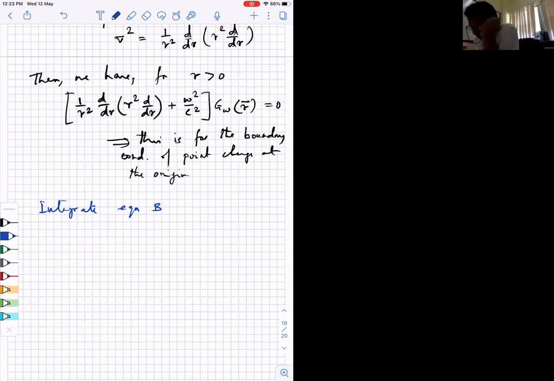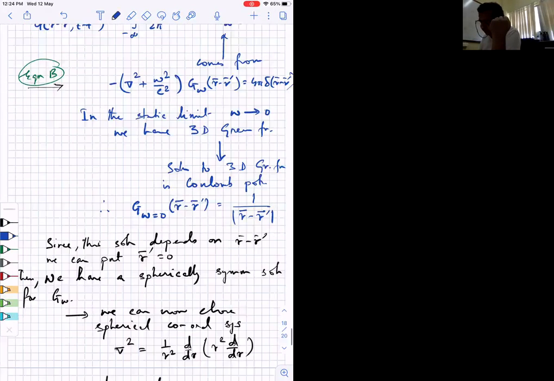So it's a sphere of vanishing radius r0, which can go to 0.